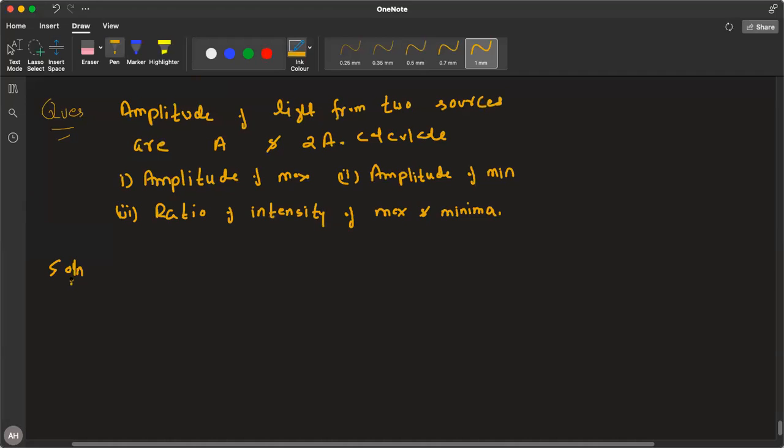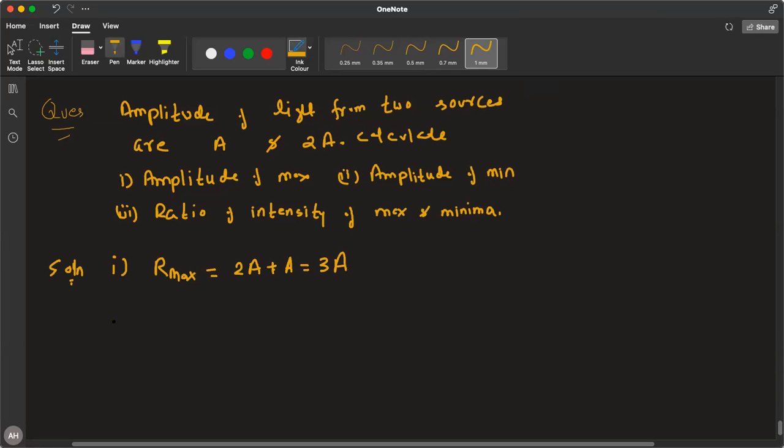Yeah, amplitude can't be negative. So in the first form, the amplitude of the resultant. Good, Sania, all are correct. The maximum amplitude is the sum of these two amplitudes. Just add 2a and a, so we'll get 3a. That's the maximum amplitude.